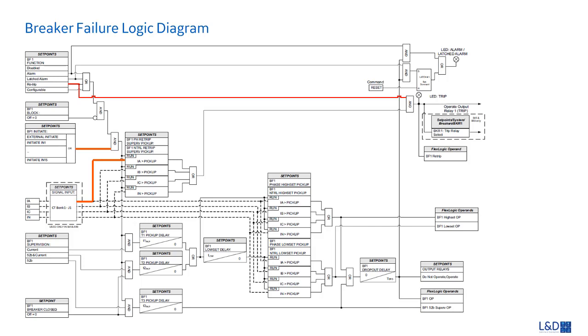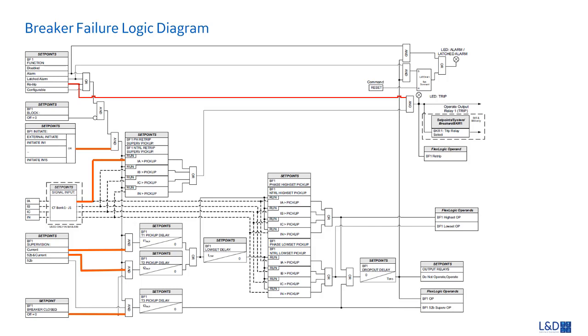The three timers correspond to three supervision conditions. T1 is used for the current supervision condition only. T2 is for both auxiliary contact and current supervision conditions. T3 is only used for the breaker contact supervision.